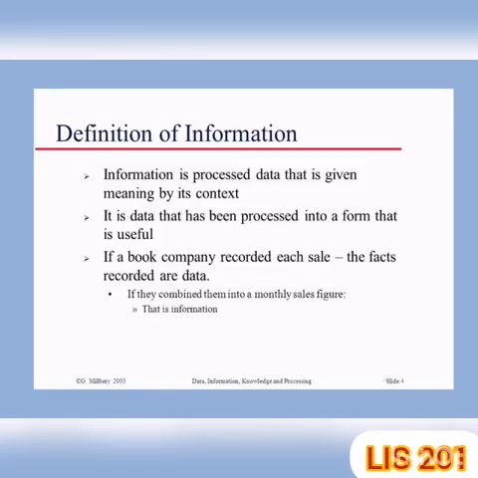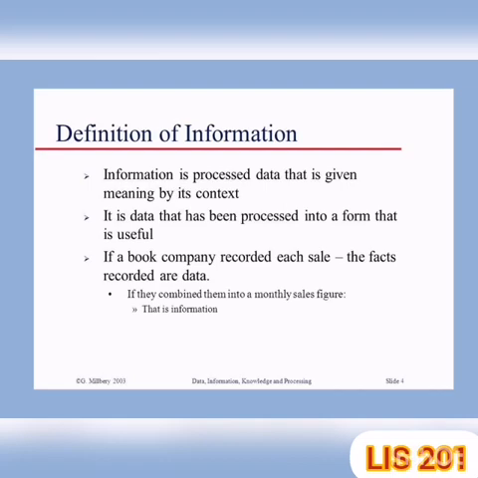Before we go on, I want us to define what information is. Information is processed data, and data are raw facts and figures. I'll give you an instance. If I come to the class and I say the figure is 36, I'm sure you all look at one another because it doesn't make any sense. But if I say there are 36 states in Nigeria, that makes more sense.